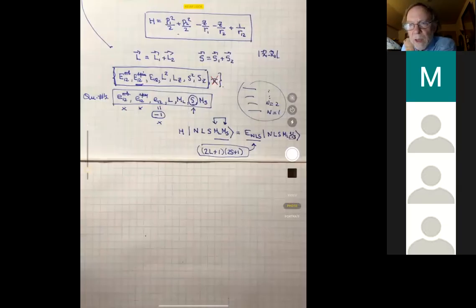So this occurs in helium. It also occurs in ferromagnets. In fact, it's the basic explanation of the energy scale in ferromagnets.